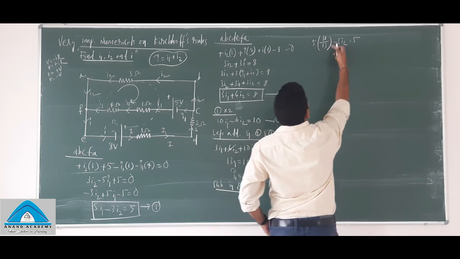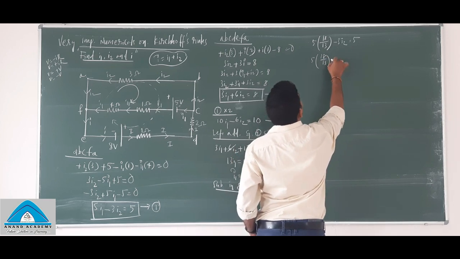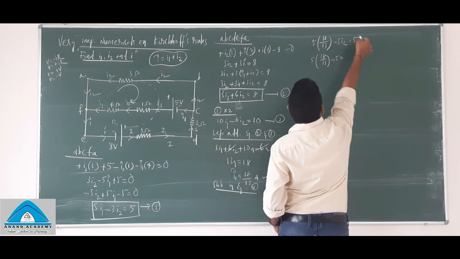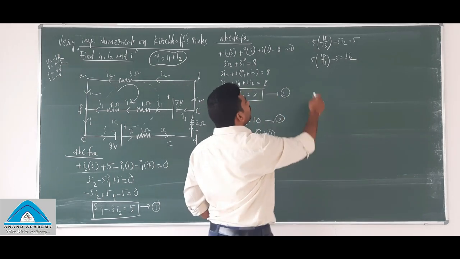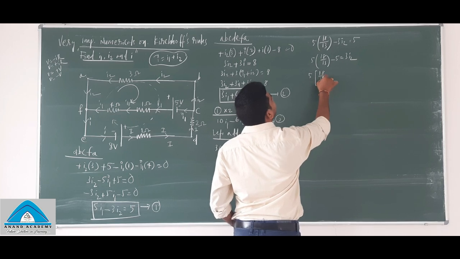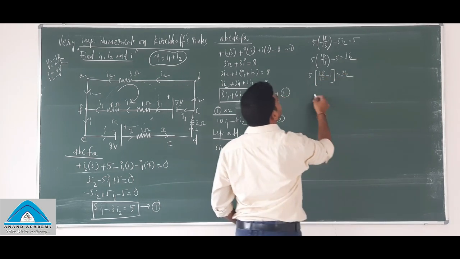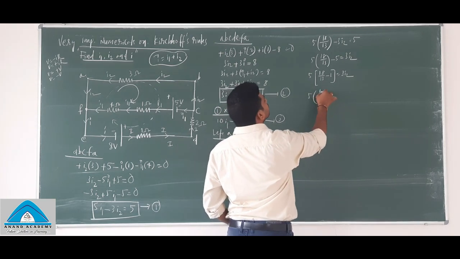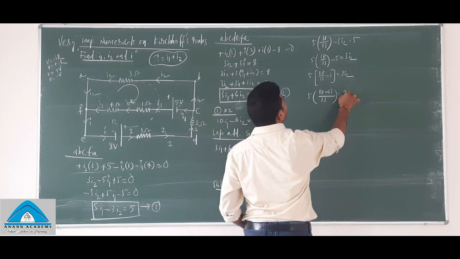So this minus 3I2 you can write on the other side. So that will be 5 into 18 by 13 minus 5 is equal to plus 3I2 here. Now 5 you can take common. It is 18 by 13 minus 1, which is equal to 3I2. And 5 into 18 minus 13 by 13 is equal to 3I2.